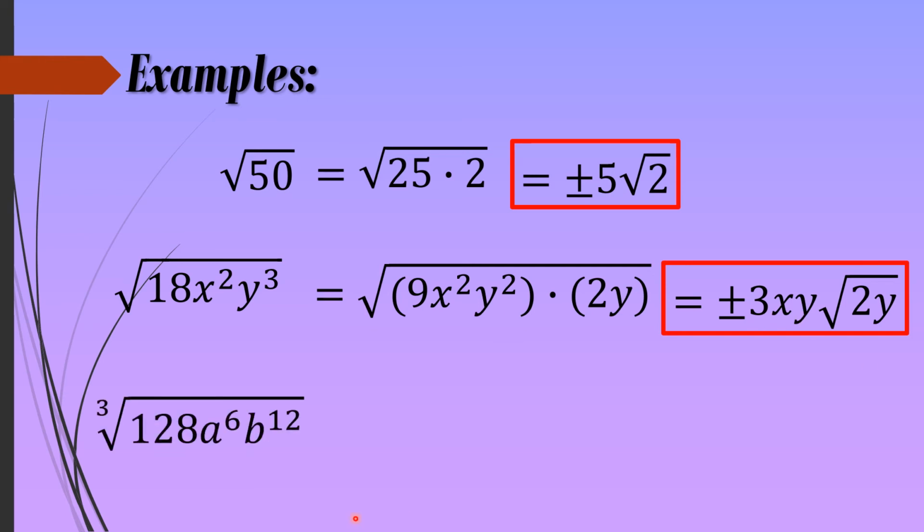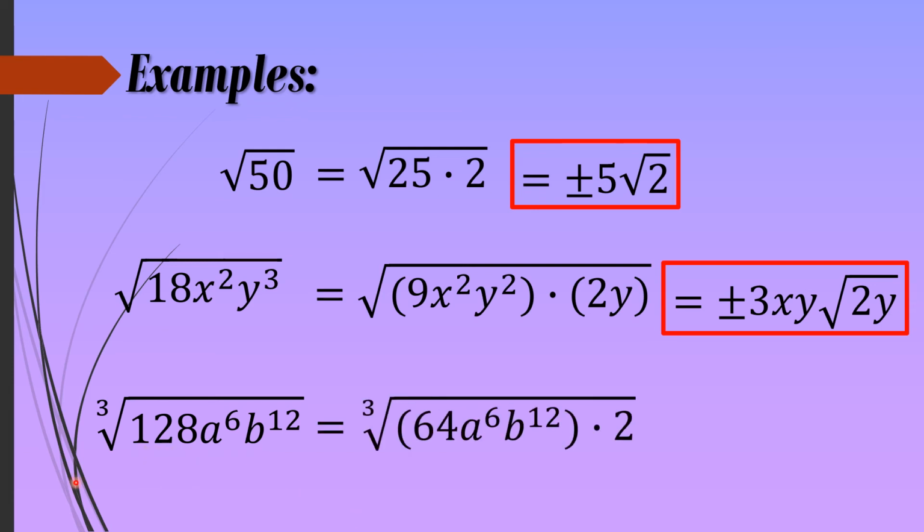Another, cube root of 128 a raised to 6, b to the 12th power. So, kunin natin yung factors ng 128. At kailangan yung isang factor ay cube root, hindi siya square root. Na kung saan yung isang number kapag minultiply sa sarili niya ng 3 beses, the product must be this one.